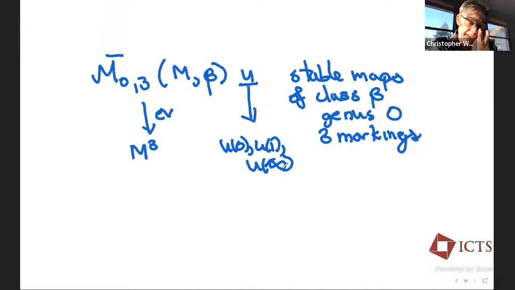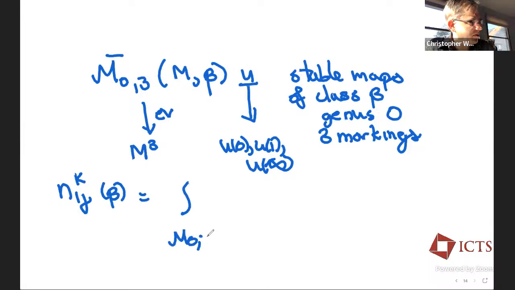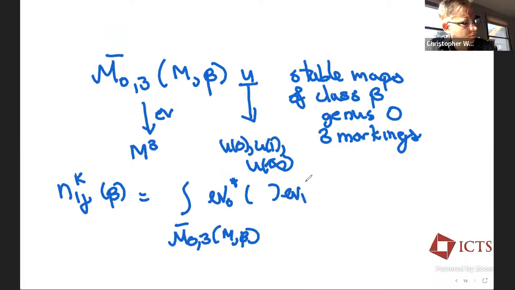And one of the ways of defining the structure constant I wrote down is that you integrate over this moduli space of maps, F0, F1, F infinity of whatever dual.